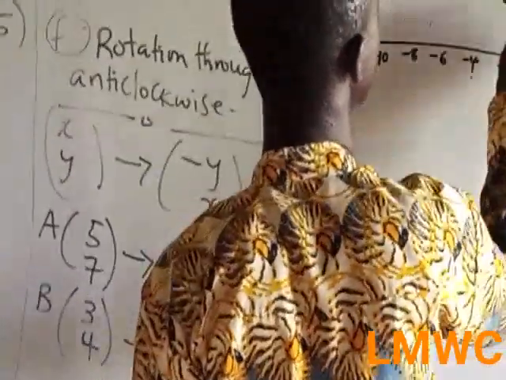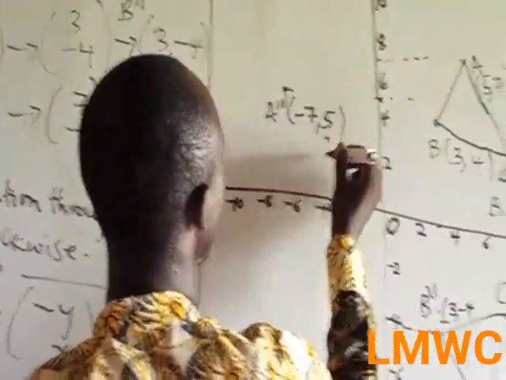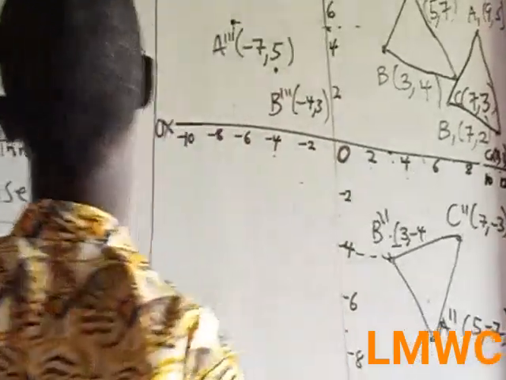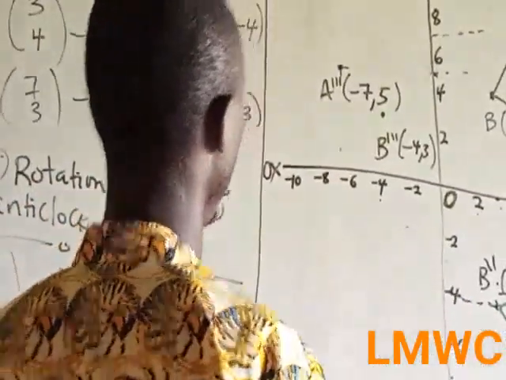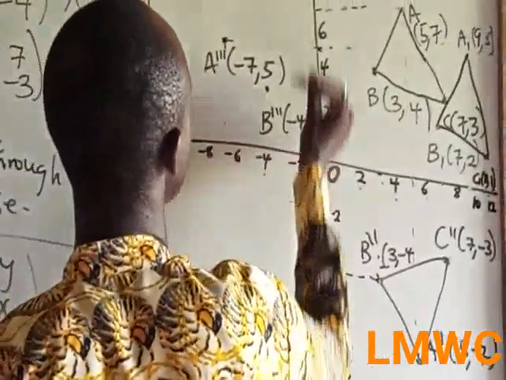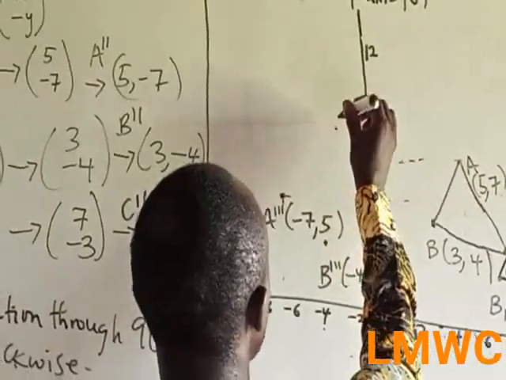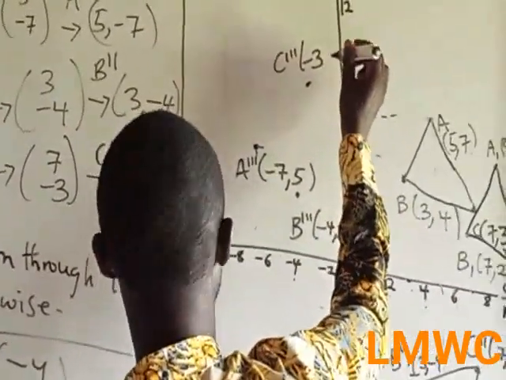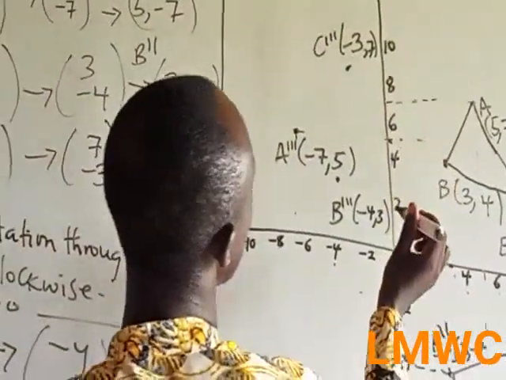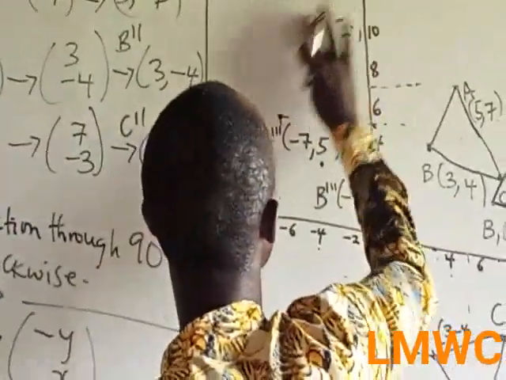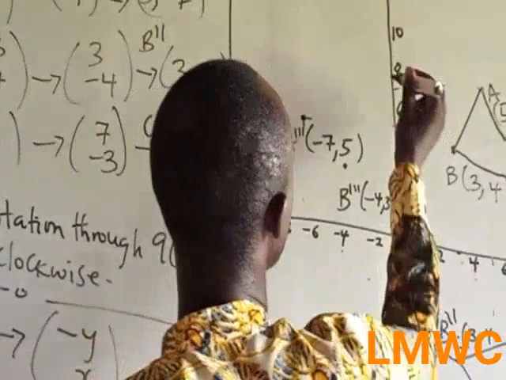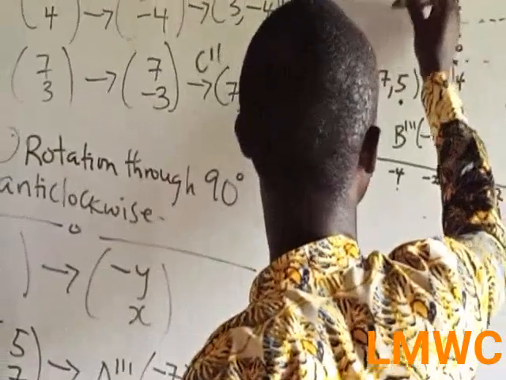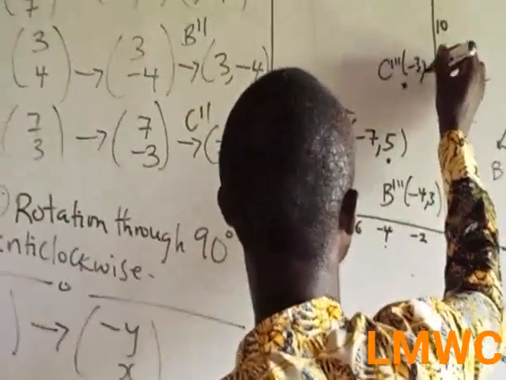So negative 4, 3 is here. So B3, we have negative 4, 3. And C3 is negative 3, 7. So negative 3, 7 is here. In between 6 and 8 is 7. So it's here. So C3, negative 3, 7.